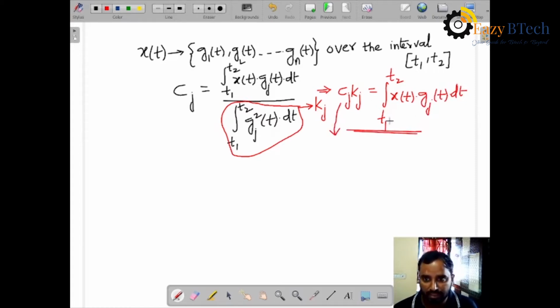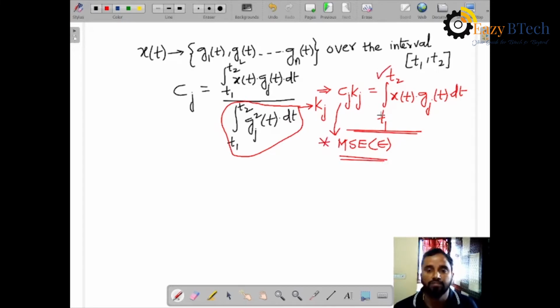This integral, cj kj equal to integration t1 to t2 of x of t gj of t, is useful whenever we are going to see mean square error. So please remember this point.